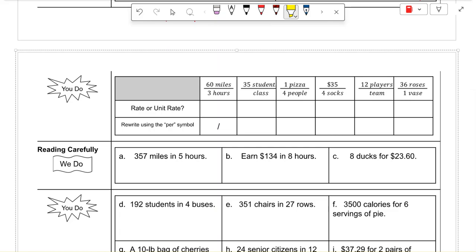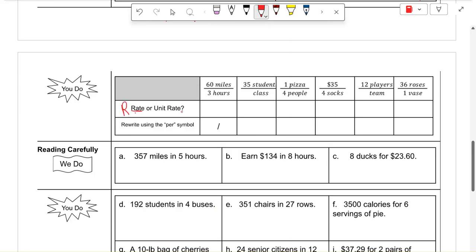So you're going to look at each of those 6 different rates, and you're going to declare if they are an R for rate or if they are a UR for unit rate. They're either one or the other. And you'll put an R or a UR here and all the way across. And then you're going to rewrite using the per symbol. Now the per symbol is right here.